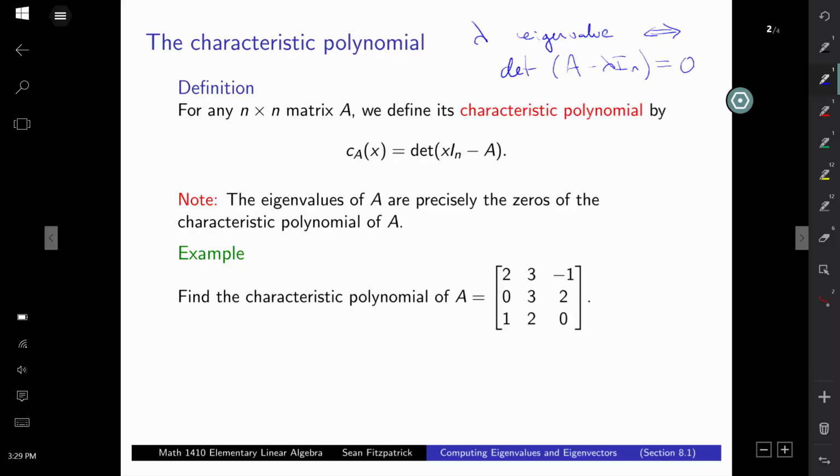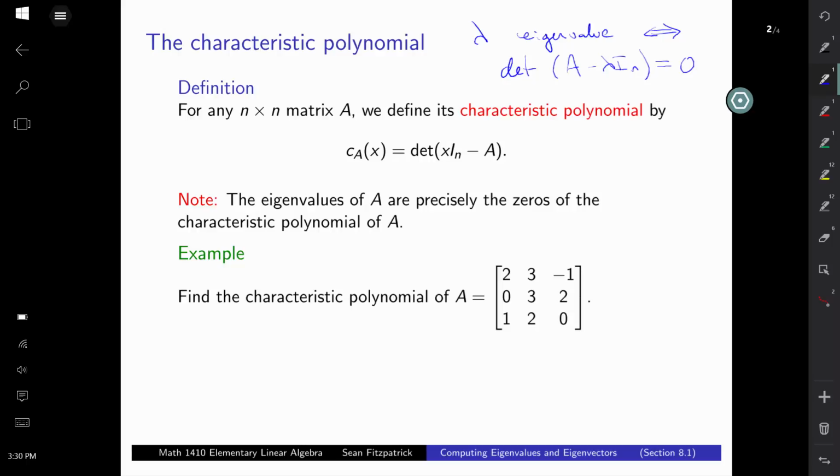If you expand it all out, you get a polynomial in this variable lambda, and you're looking for the zeros of that polynomial.